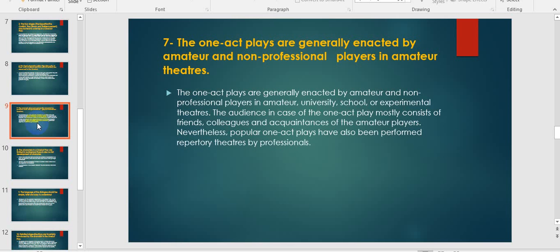The audience, in case of a one act play, mostly consists of friends, colleagues, and acquaintances of the amateur players. Nevertheless, popular one act plays have also been performed reportedly in theaters by professionals. So this is the seventh point or difference between them.